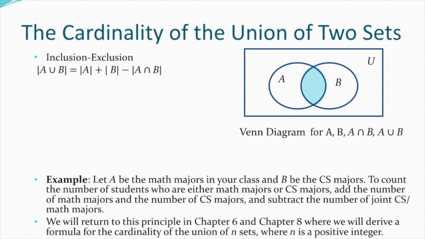And you can verify this by the diagram. So let A be the math majors in your class and B the CS majors. You need to count how many students are either math majors or CS majors: the number of math majors plus the number of CS majors, and subtract the number of students in both CS and math majors.